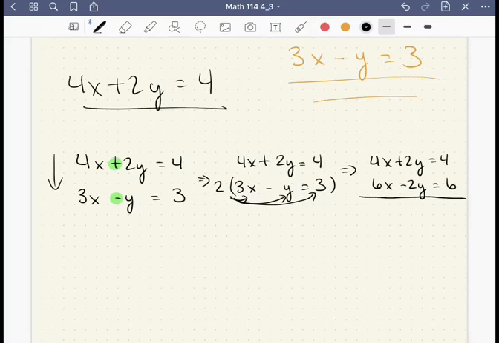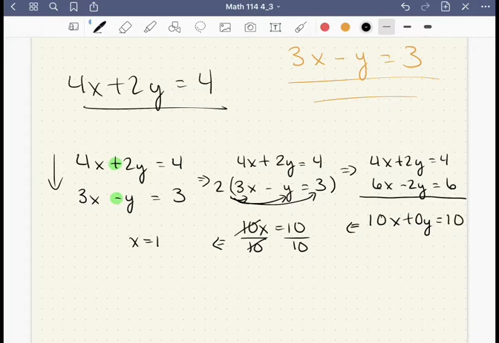So let's add down. 4 plus 6 is 10x. 2y minus 2y is 0y. And 4 plus 6 is 10 again. This becomes 10x equals 10. Divide by 10, so I have that x equals 1.